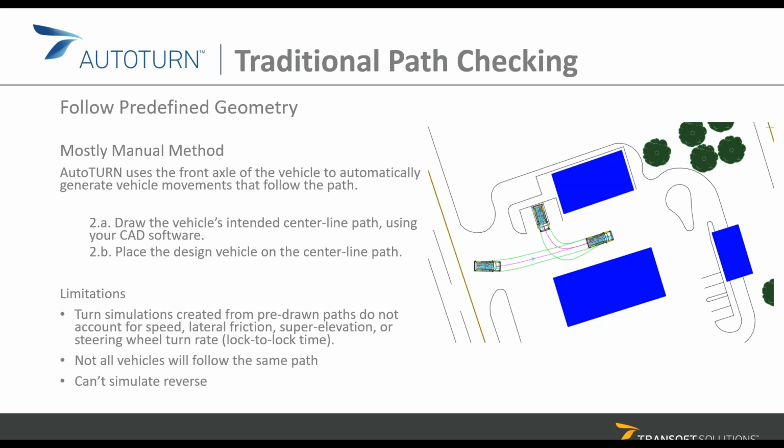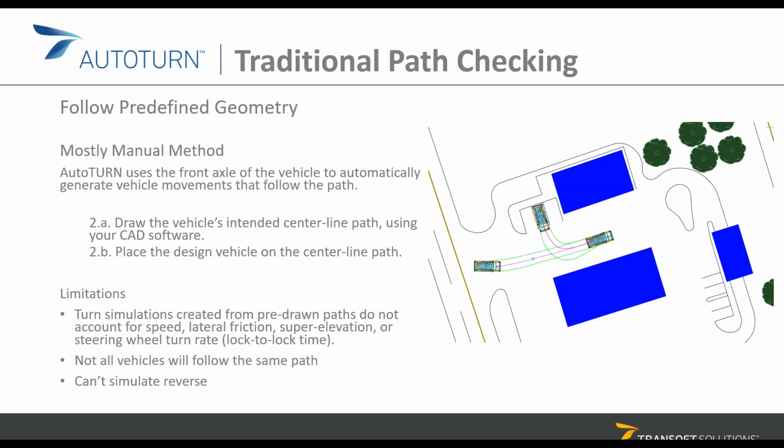One important thing for you to keep in mind is that it also doesn't account for any lateral friction or super elevation. There's no steering rate, and we'll see what that means in a minute. And finally, another key limitation of simulations created following geometry is that they can't really simulate reverse maneuvers.